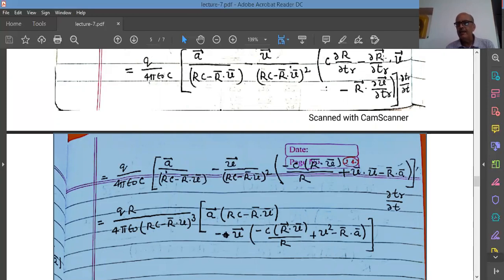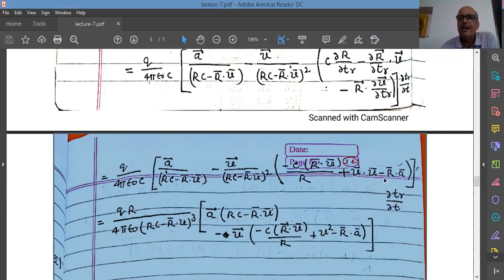And the second term, minus del R dash over del TR. So we will have a minus velocity. So this B is nothing but minus del R dash upon del TR. Minus is coming from here. So minus R gives us plus R dash. That is why we have the velocity, and V dot V becomes V square. Similarly, R dot del V over del TR is straightforward. It is R dot A.